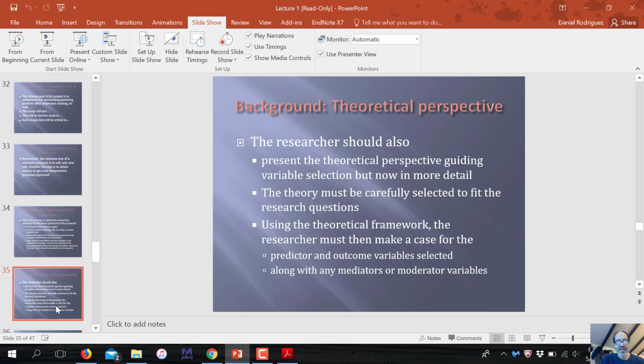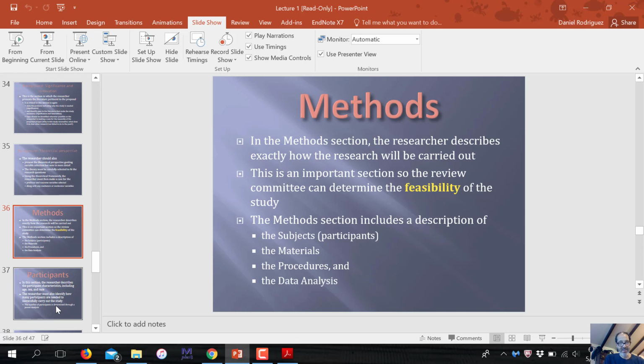And when I do that, I always start with a statement that the theory that guides variable selection is something like the bioecological model. But then as I'm writing my background information, even going back to the specific aim section, I'm linking everything to that theory so that it's obvious that that's what's being done without always saying that this is linked to that theory.